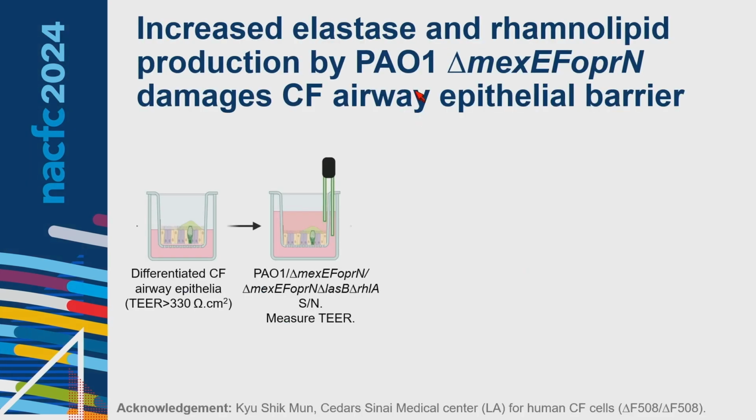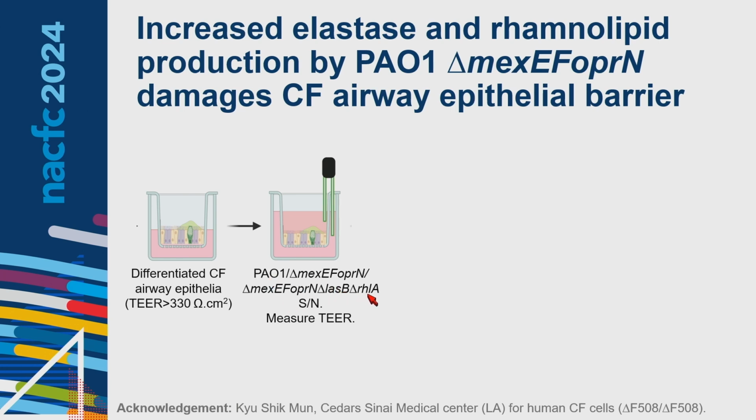Further, we wanted to test the roles of elastase and rhamnolipids. For this, we established air-liquid interface cultures of differentiated CF airway epithelia, and we exposed these epithelia to supernatant from either the wild type, the mutant, or the mutant not expressing elastase or rhamnolipid.